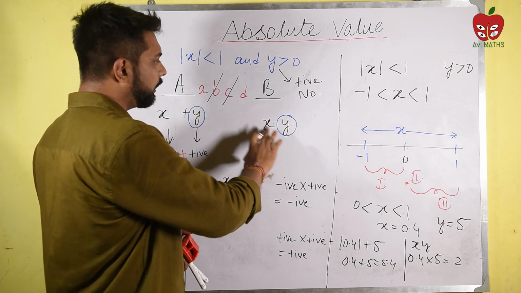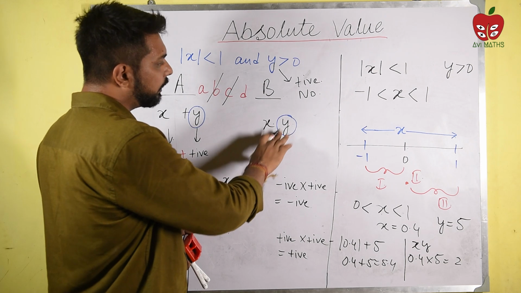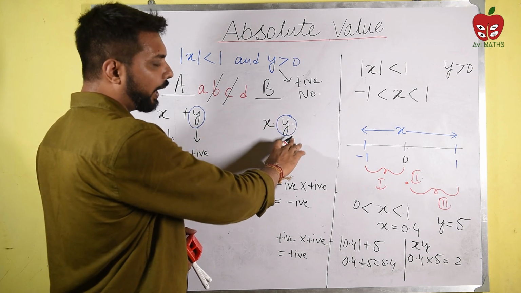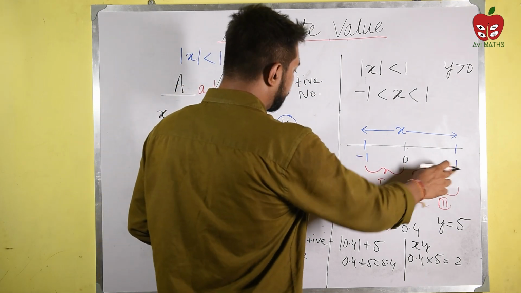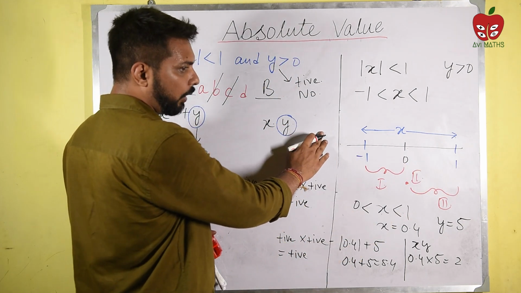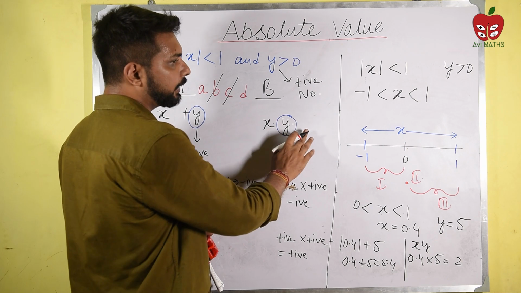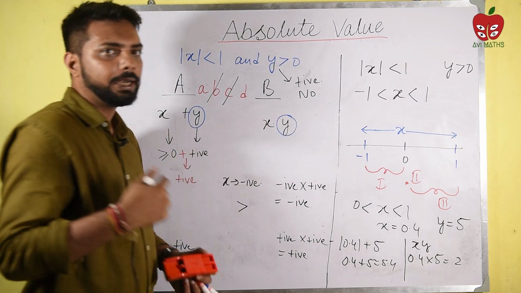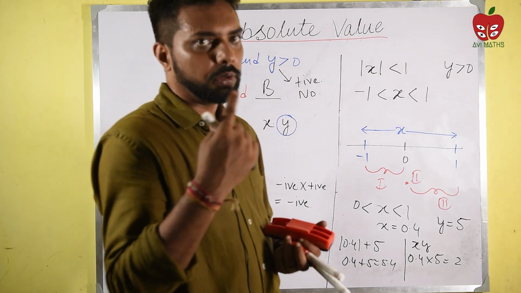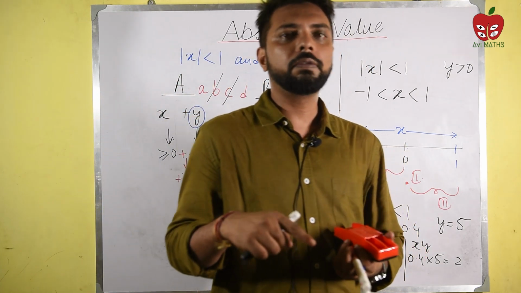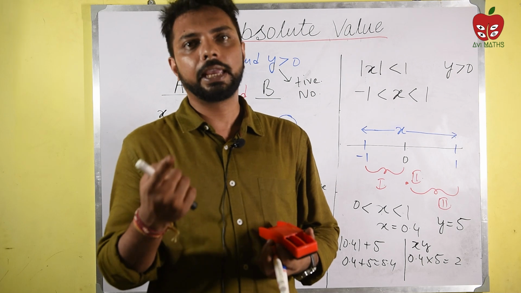Let me reiterate this one. We are multiplying x with y, and y can be any number, but the x value is from 0 to 1. Then whatever the output, it will always be smaller than y. That means if I am multiplying a number with a value in the range of 0 to 1, the output will be lesser than the given number.